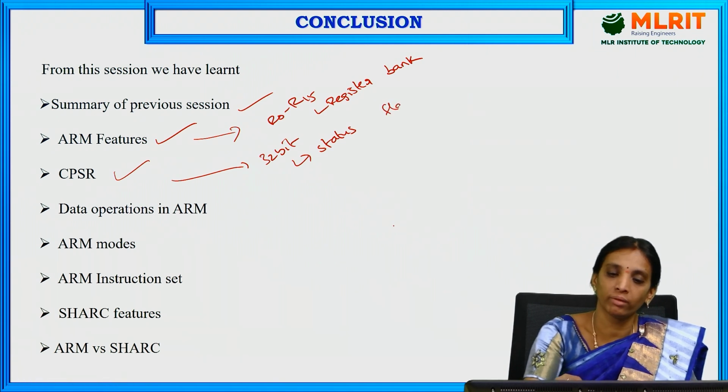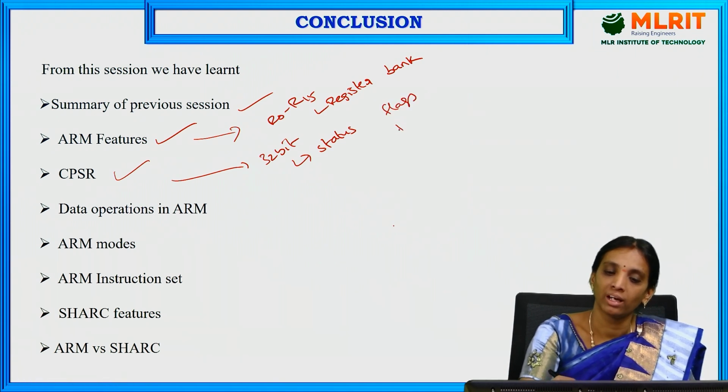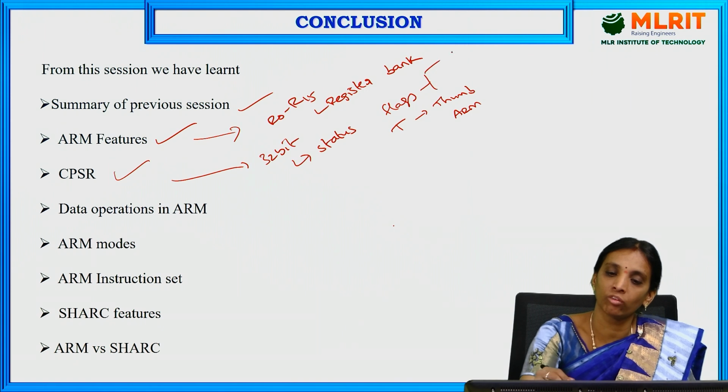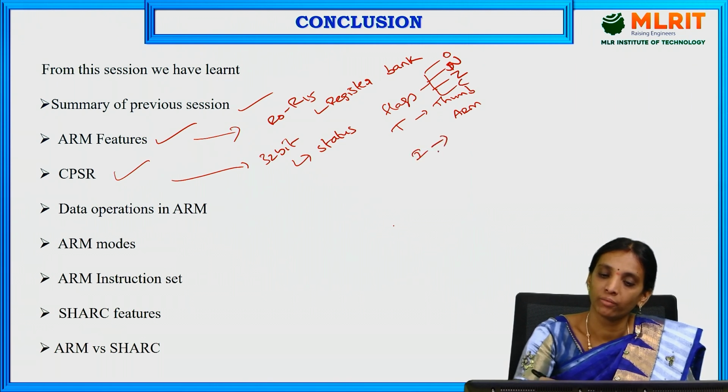It indicates the flags and the instruction set state, that is T mode, either Thumb instruction set or ARM instruction set, and the flags: overflow flag, negative flag, zero flag, carry flag and interrupt flag.